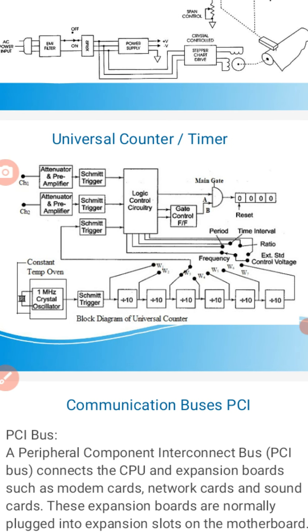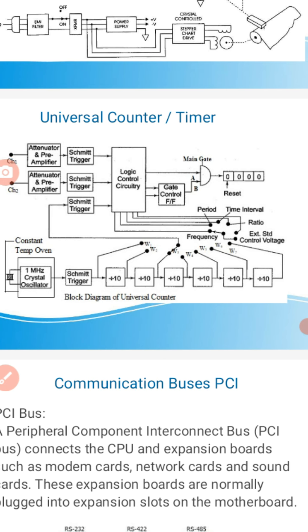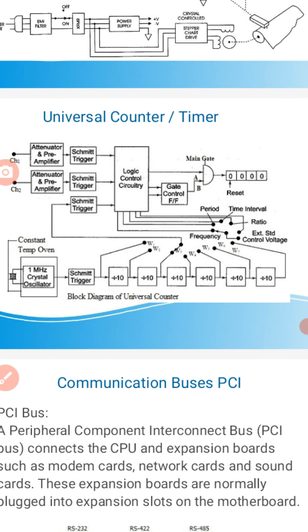So in the frequency measurement, B is the standard controlling gate, whereas in the time period measurement, A, or the first input, is the standard controlling gate. During this time period, whatever signal time is passed is measured.